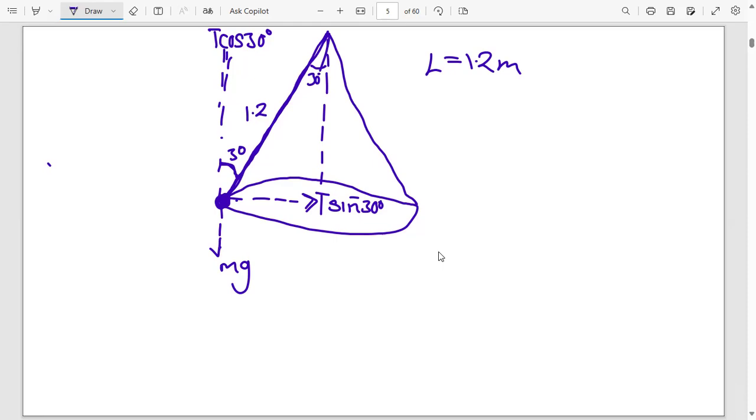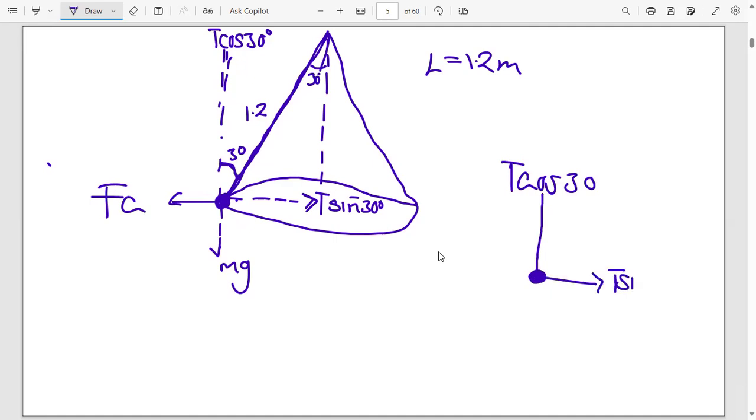I think I'm going to say left this time. Okay, so here we have the centripetal force. What is the formula for centripetal force? I'm going to draw this diagram again to simplify everything. So I have T cos 30 there, T sin 30 here, and I have mg here.